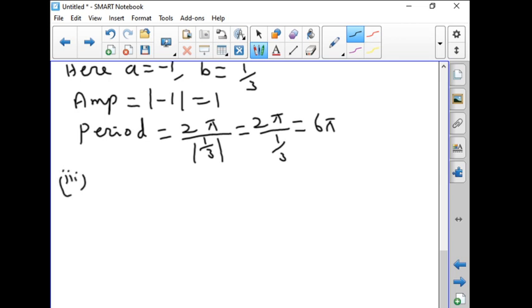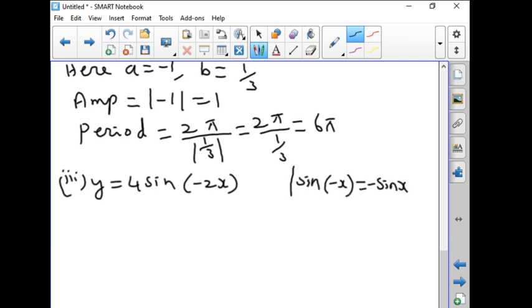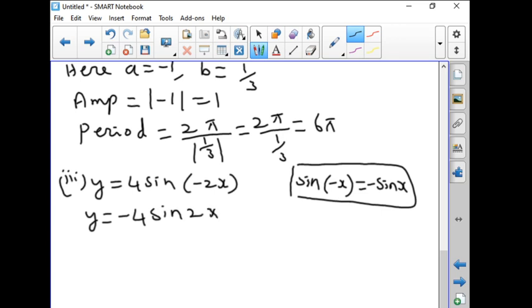Third subdivision, y is equal to 4 sin minus 2x. We know that sin of minus x is equal to minus sin x. Therefore, we can write this as y is equal to minus 4 sin 2x.